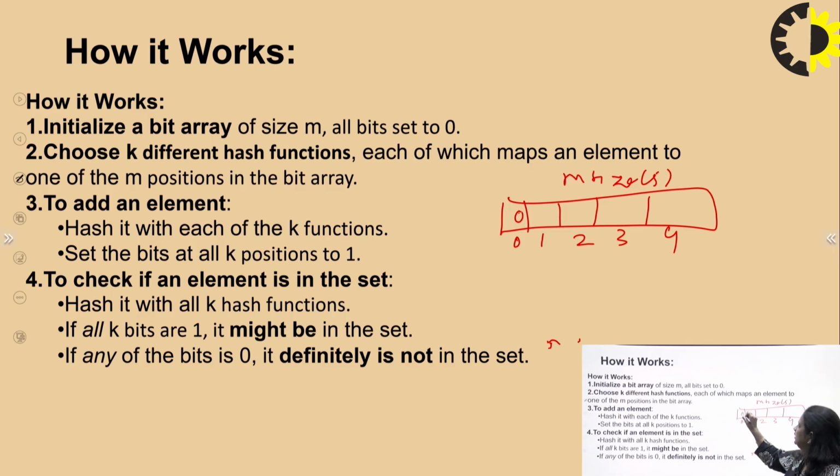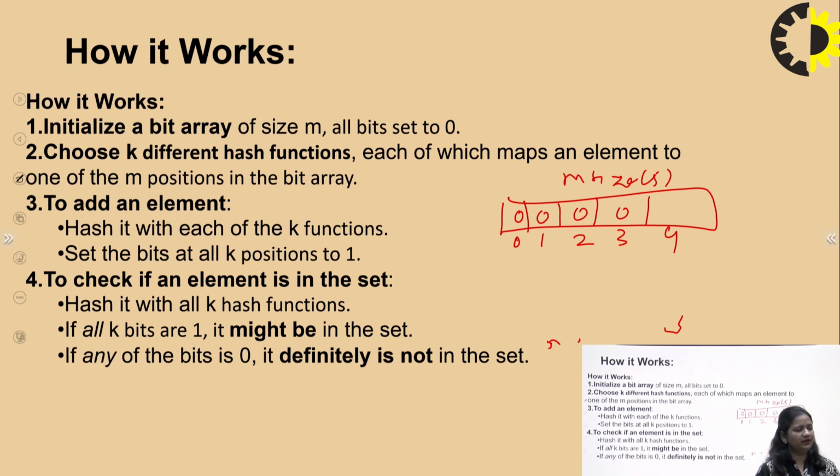Initially, all the bits in the array are set to 0. Next, choose k different hash functions, each of which maps an element to one of the m positions in the bit array. Given k hash functions, say 2, 3 and 4, we map the positions according to the hash values.